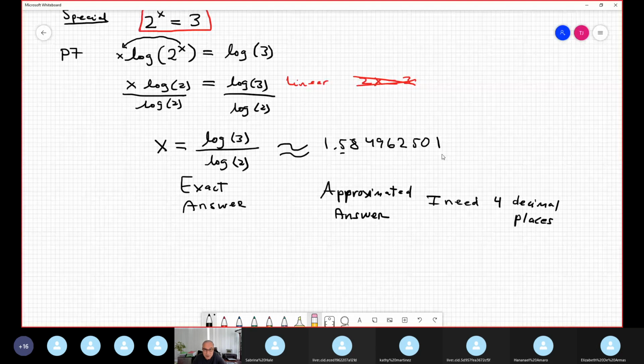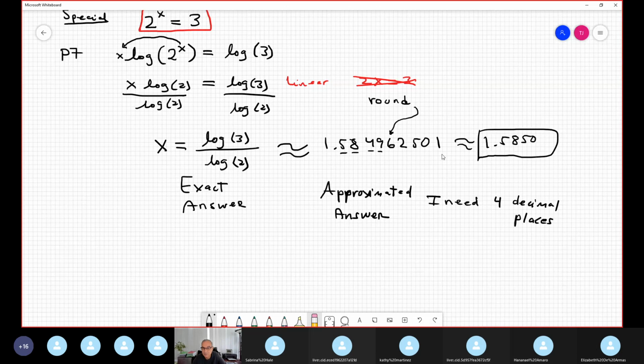However, I need 4 decimal places: 1, 2, 3, 4. To round, you need to know when the digit after the 4th decimal place is greater than or equal to 5, you increase. So actually, this is around 1.5850, no? Because 49 plus 1 is 50. And this is my final answer.